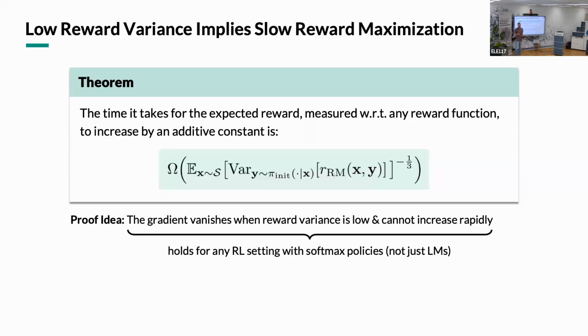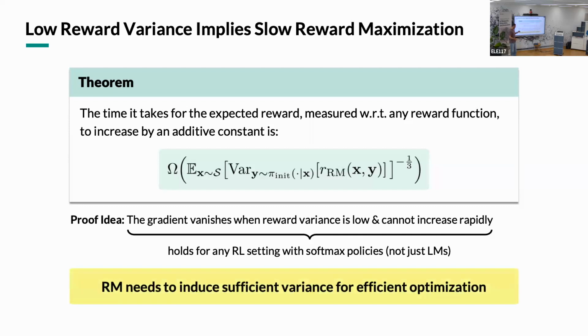Okay, these are policies that produce a distribution over actions or outputs using the softmax. So it's a combination of this objective and these type of policies that leads to the connection between reward variance and optimization. And the bottom line is that for allowing efficient optimization, our reward model needs to induce sufficient reward variance. Otherwise we'll have a flat objective that will take us a long time to optimize.